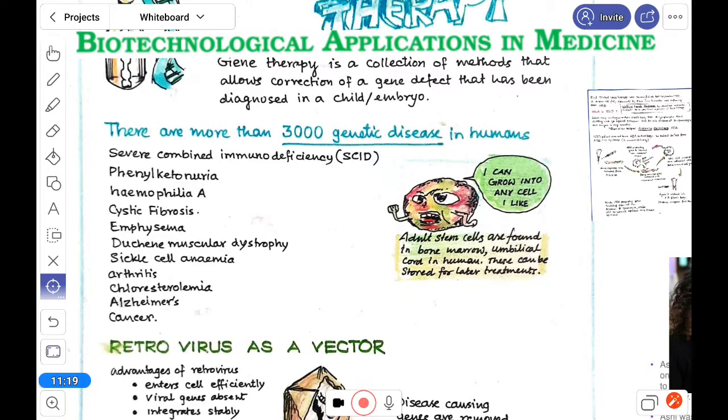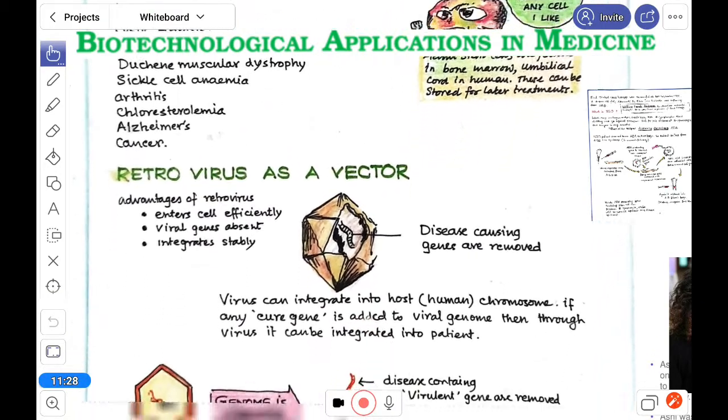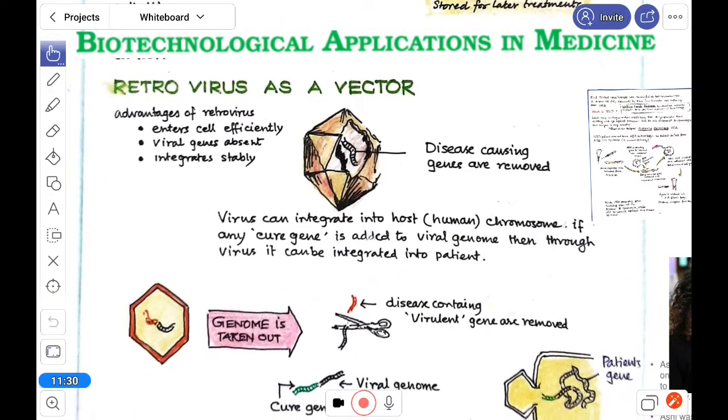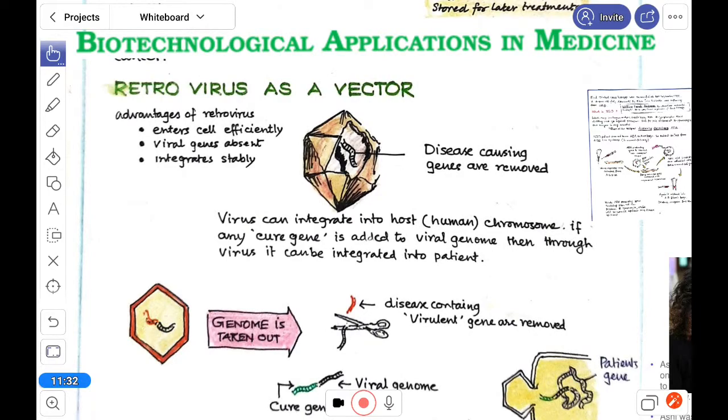How can we do that? What are the basic procedures? What kind of vector are we using? Let's know that. Here the vector means we have to transfer the correct gene. We have to remove the defective one.